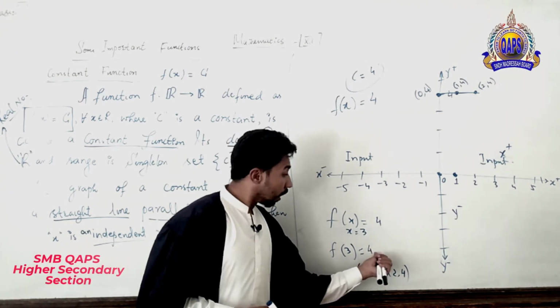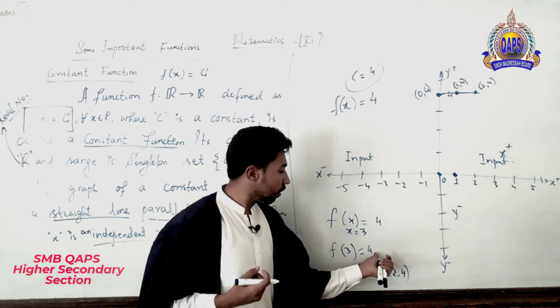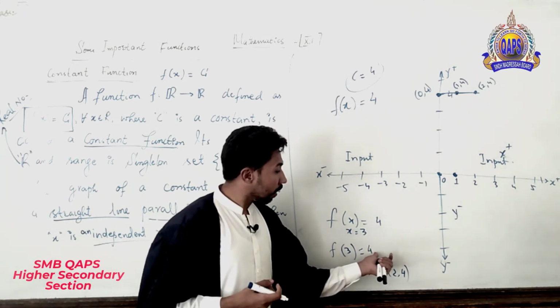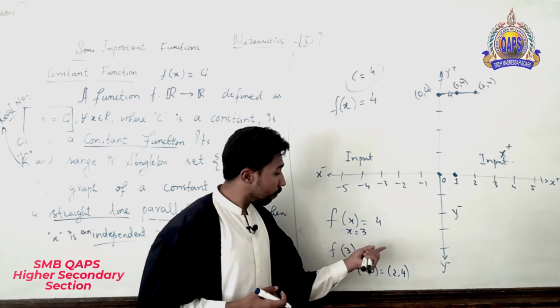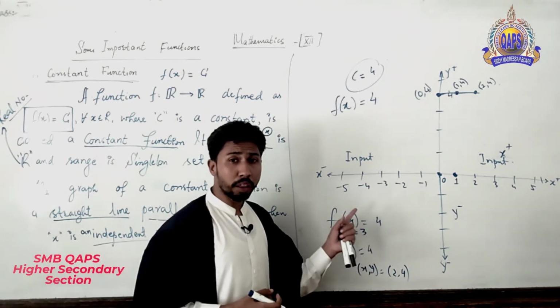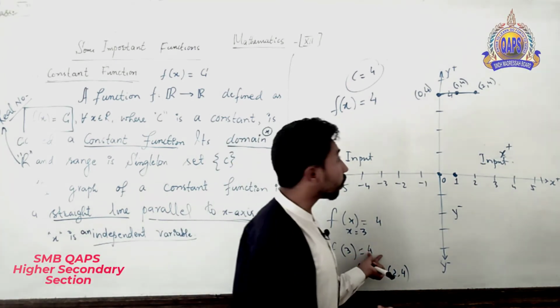If x is given in multiplication, division, subtraction or addition form, then we put the value of x, but there is no variable of x here, so that's why this outcome will be the same.